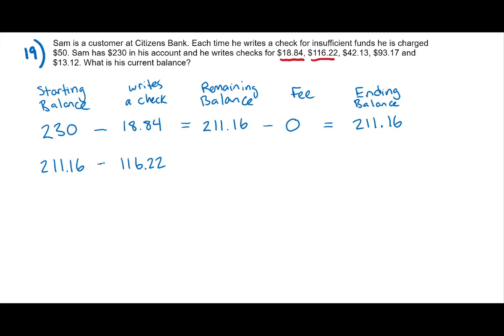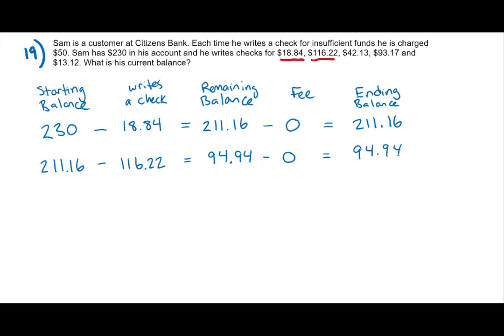Okay, so when we subtract the $116.22, that's going to give us a remaining balance of $94.94. Then the fee, well, there's no fee because, again, sufficient funds. He has not overdrawn his account, so we're subtracting 0, and we'll have an ending balance of $94.94. So as that balance goes down, he becomes in potential trouble of overdrawing the account.